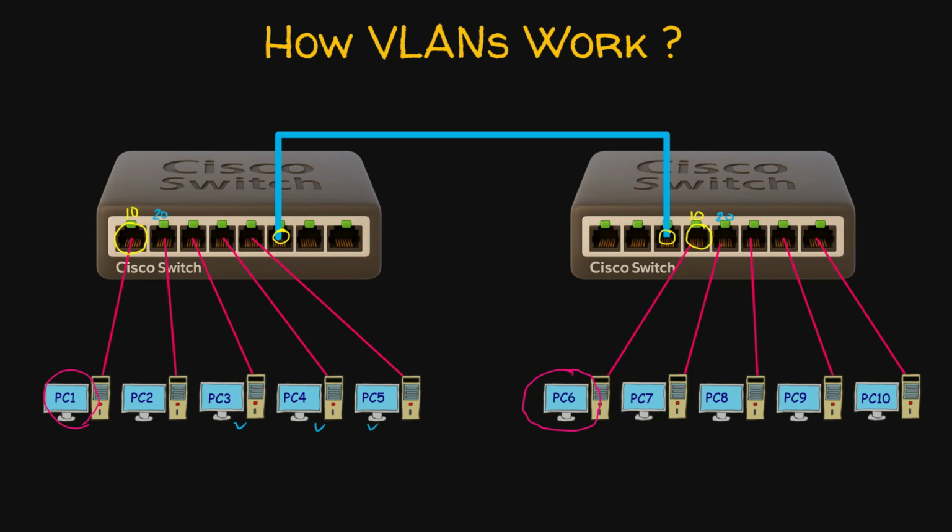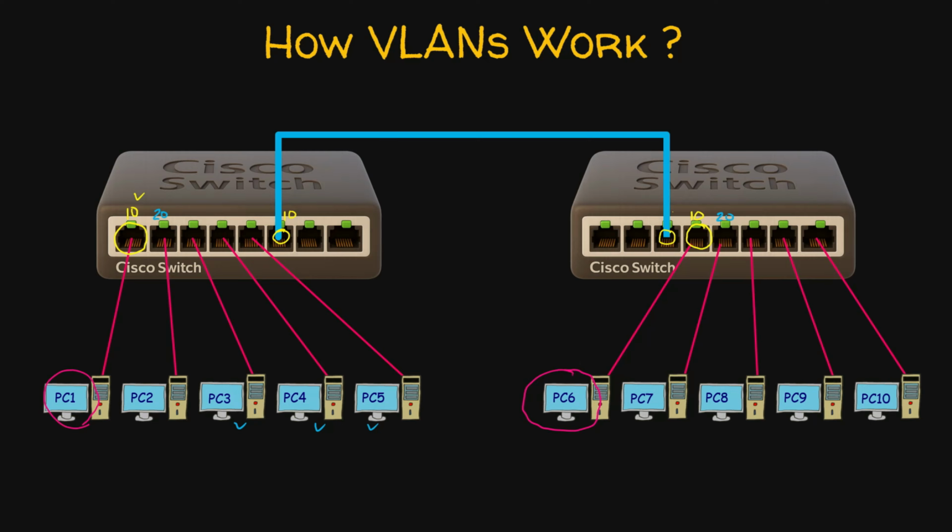So what do we need to do to make PC1 and PC6 communicate together? The answer is, the interface we use for the interconnection, we need to move into the same VLAN, which is VLAN 10. So this interface we need to convert into VLAN 10.